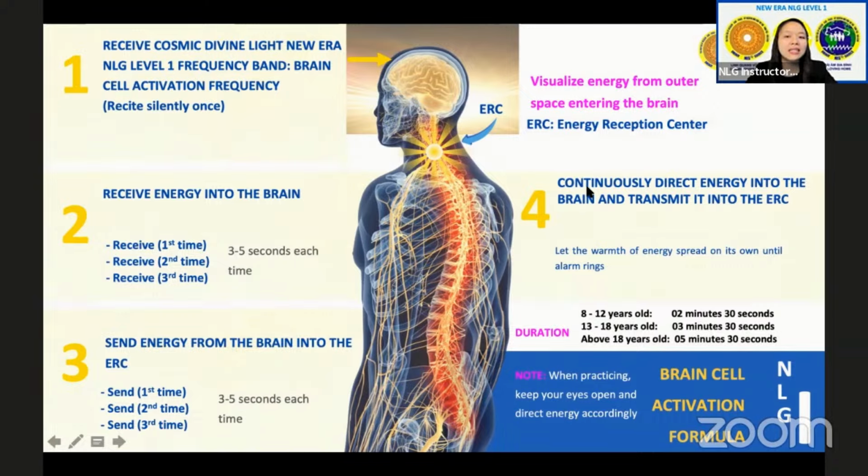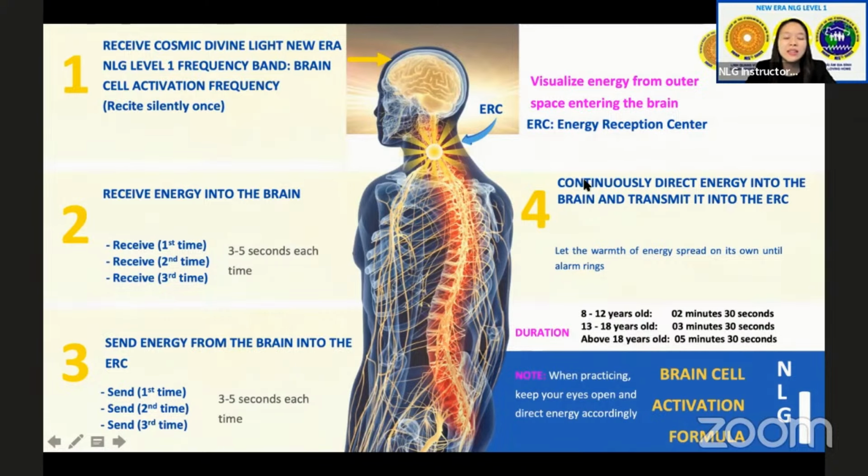Because here it says continuously direct, and as I've said, pay attention to the verb. It says to direct energy. So that's exactly what you would do, and you would do it continuously. Now, I do have participants who get to step 4, and by the time they recite everything in their head, they just sit there and don't do anything. Then they come to me and say, when I practice the formulas, I have a headache. Afterwards, when I realized what she was doing, I explained it to her again.